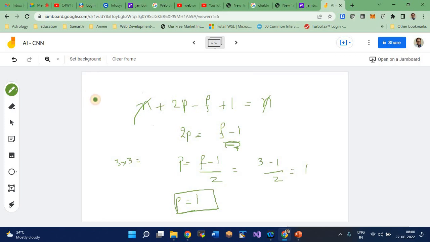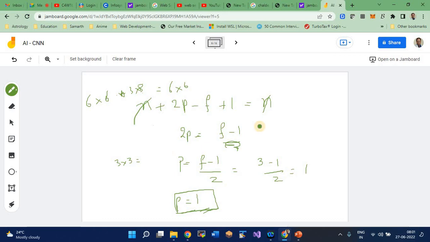That means if I started with the 6 by 6 image convolved with a 3 by 3 filter, if I want to get a 6 by 6, then I need to pad 1 extra, and only then will I get a 6 by 6 image.